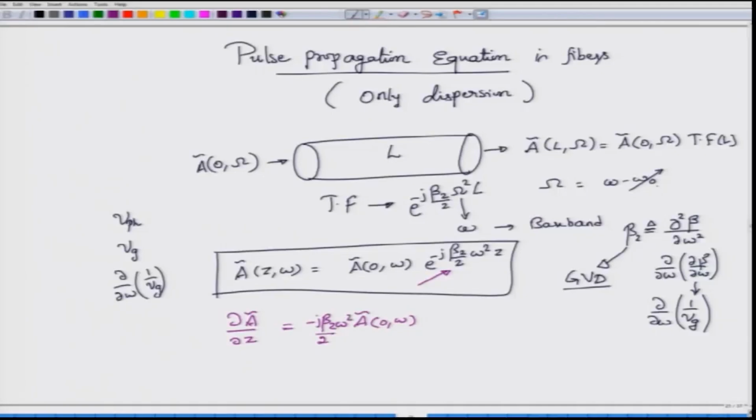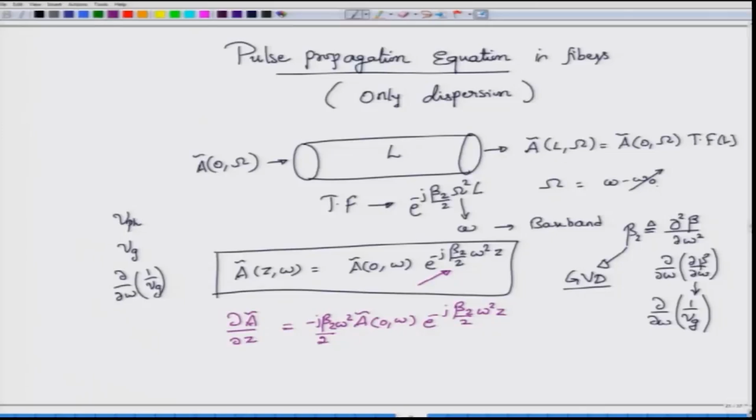Please note that the differentiation is with respect to z and not with respect to omega. Since this is an exponential, I keep the remaining exponential term as it is.